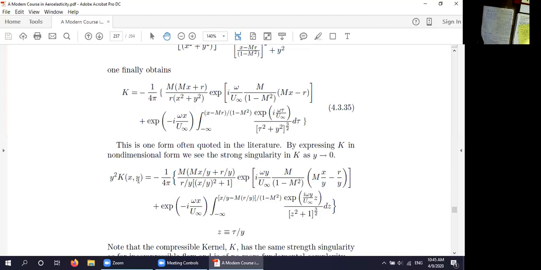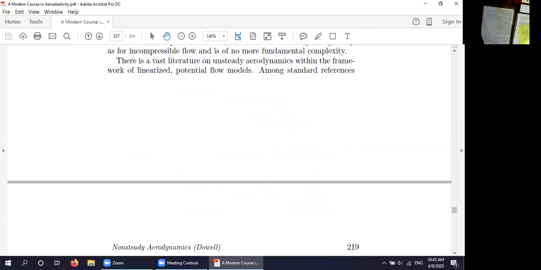So he's the guy who did it. For those of you who know about Cauchy singular values, that is for something that goes like 1/y. This is 1 over y squared, so this is much, much more singular than a Cauchy singularity.